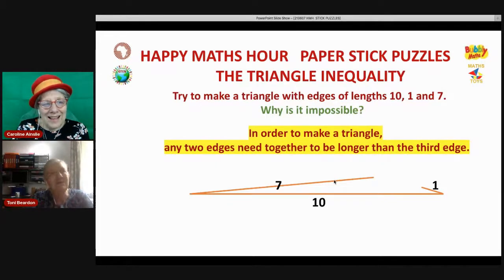So that's how I discovered this. I learned it in school as a formula or as a rule, which I never really got. I actually made the discovery when I was about 45 years old, when I did an exercise like this, and I thought, oh, so that's why that rule is there. It's not there just to make a rule. It's there because it doesn't work any other way. Yes.